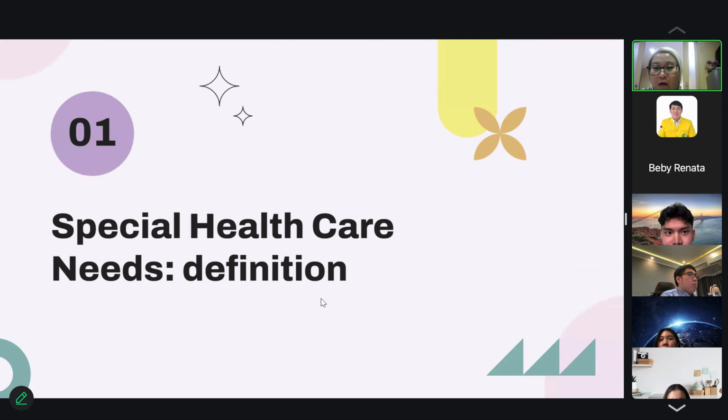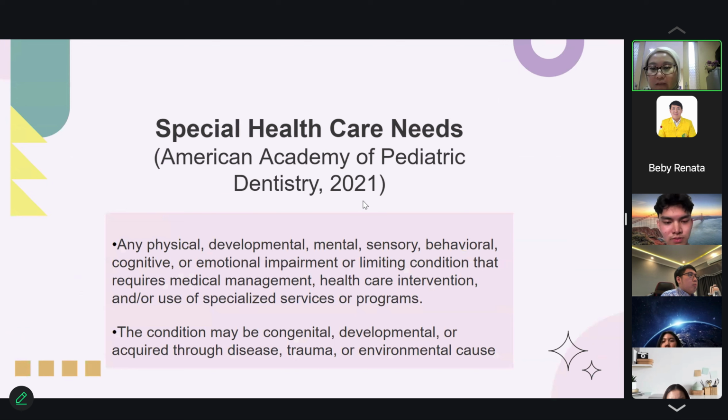So actually, all of those terms are correct, but recently, the American Academy of Pediatric Dentistry in 2021 changed the terminology from special needs to special healthcare needs. This is to differentiate it from the term special needs used for academic or educational purposes.